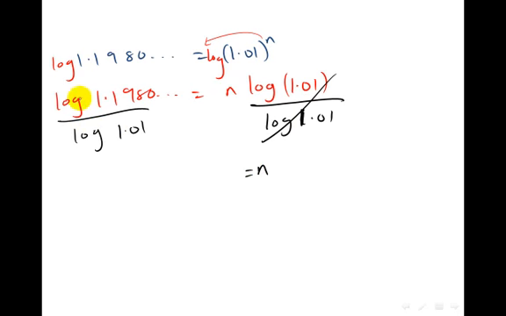By the way, there are some students who are going to cancel the log with the log, and that's really crazy. Just use your calculator, find log of this number, which is 1.198 blah blah, divided by the log of 1.01. Do it in one step using your calculator, and you'll find n equals 18.2. So if n is 18.2, I'm asked after how many months.